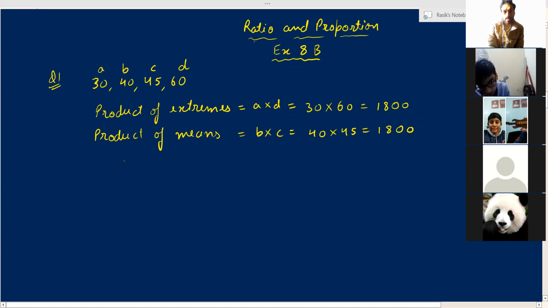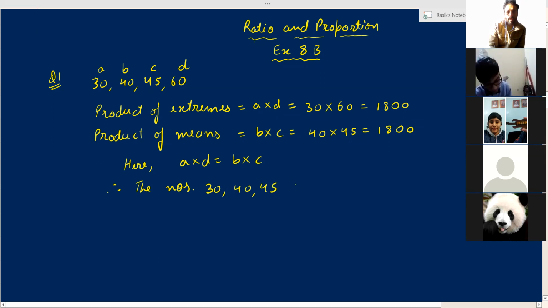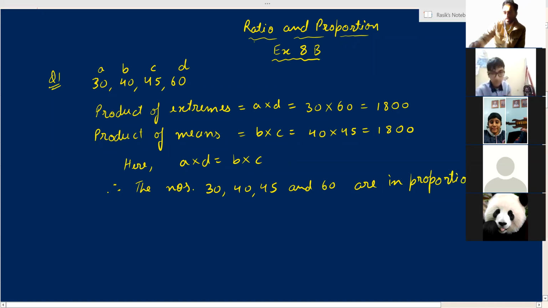So here we can see that A into D is equal to B into C. Therefore, the numbers 30, 40, 45, and 60 are in proportion. Understood? Any doubt? Very easy, simple thing. You just have to check whether the product of extremes is coming equal to the product of means or not. If it is coming equal, then you will say that the numbers are in proportion.